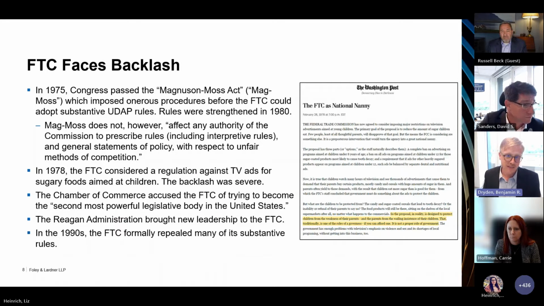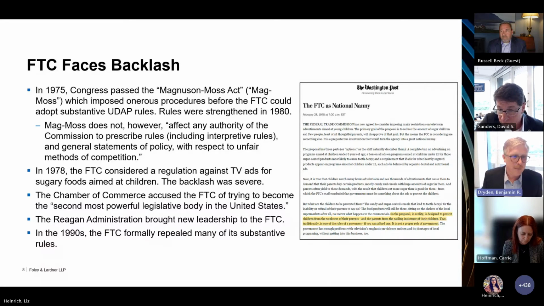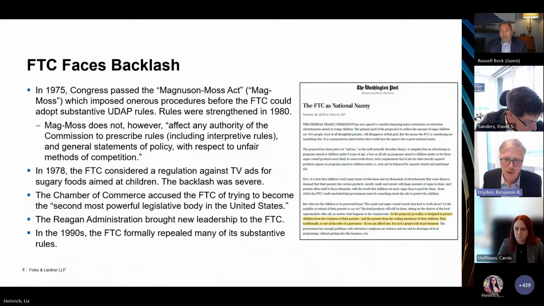And in response to that, the Washington Post came out and said the FTC is acting as a national nanny. And I've got a beautiful quote in here that preventing advertisements for sugary foods is one of the roles of a governess. It's not a proper role of government. So the Washington Post was calling the FTC the national nanny.